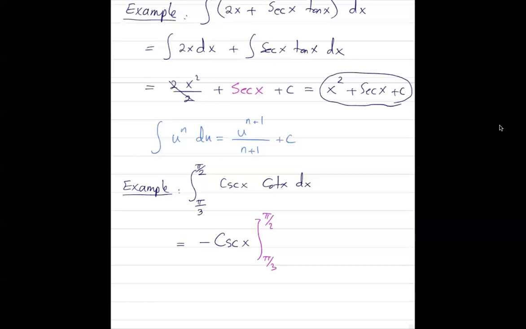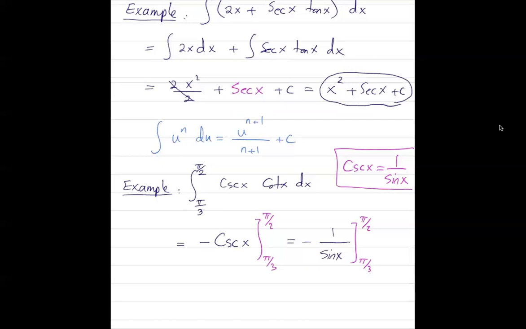But again, remember the definition of cosecant. Cosecant of x or cosecant of theta is 1 over sine x or sine theta. If it's easier for you to remember it that way, you can rewrite this guy as well. So this can be written as negative 1 divided by sine x, as x is bounded between pi over 3 to pi over 2.